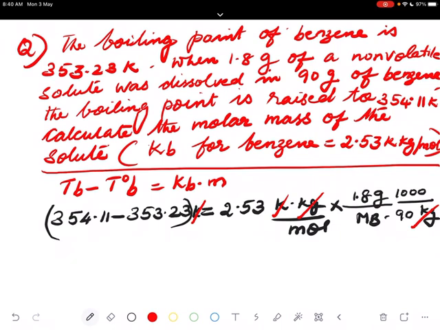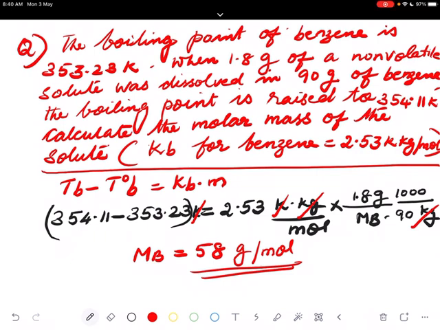So MB is equal to, you do the calculation, answer will be 58 and the unit will be grams per mole. So this way you have to proceed. All the other units will get cancelled except what is required. We are calculating for MB, so you will be getting the unit as grams per mole.